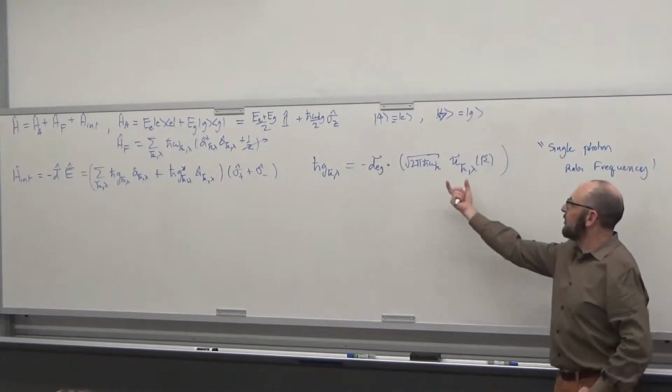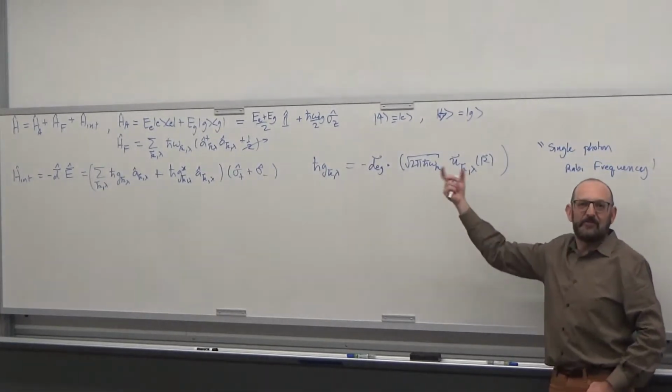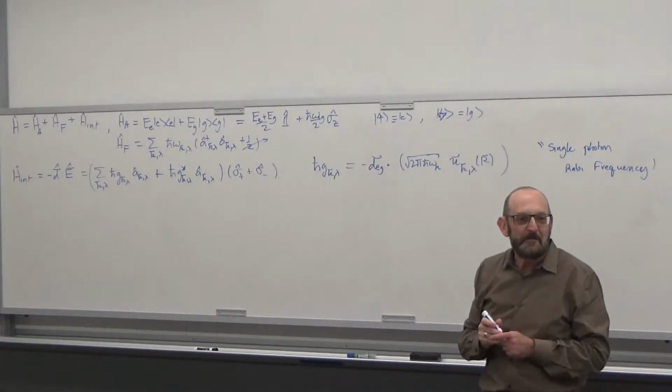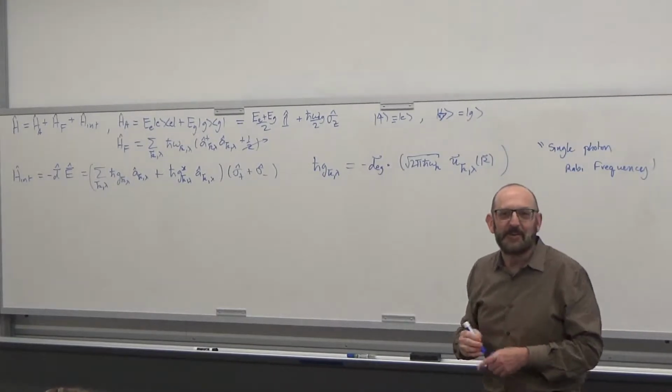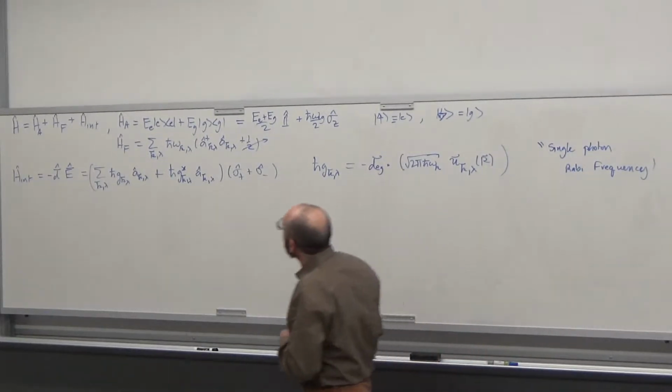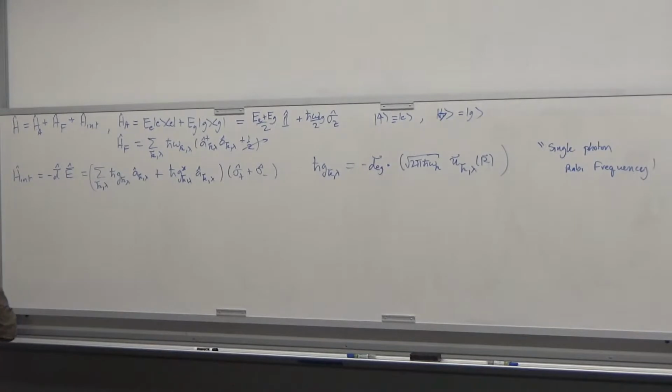But this is the electric field strength of a photon in the mode. So now there are factors of 2 one has to be careful about.